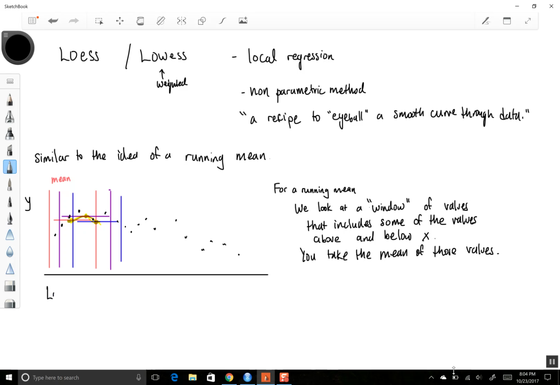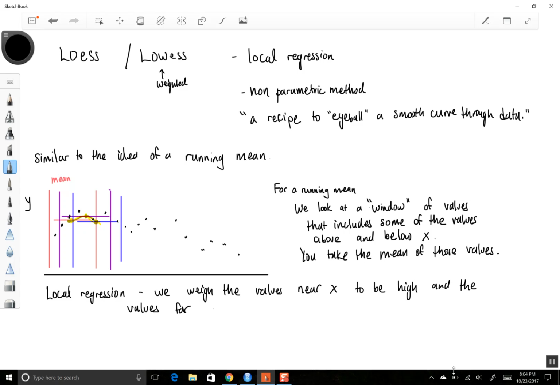Okay, so with local regression, we weigh the values near x to be high, and the values far from x to be lower.